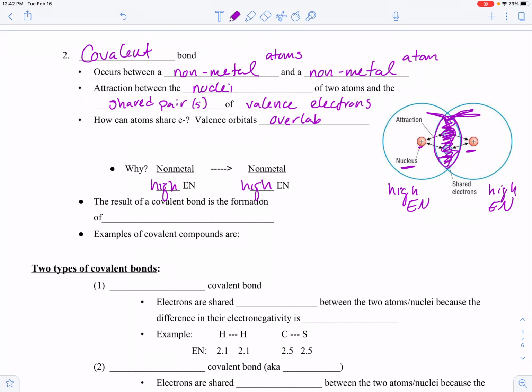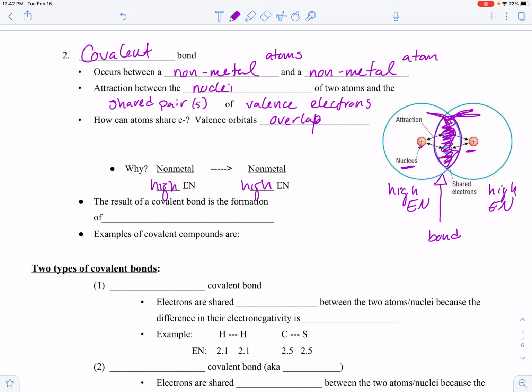So if one atom is unwilling to let go of the electrons and the other atom is also unwilling to let go of the electrons, then they're forced to be near each other, and that is how the bond forms. So this is our bond forming when those regions of space are forced to overlap because they are sharing valence electrons.